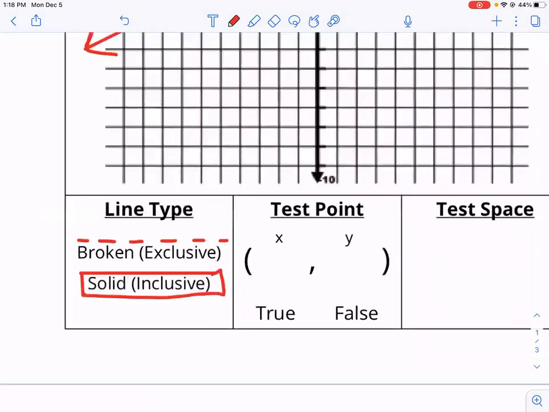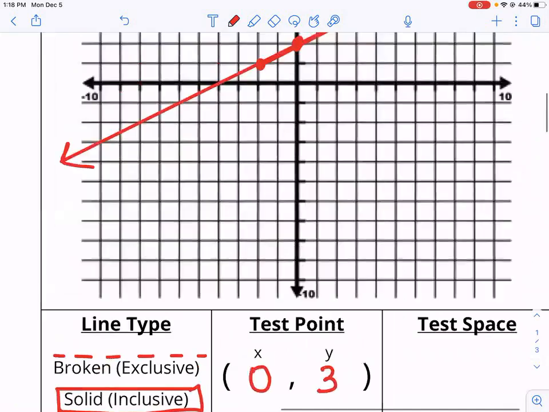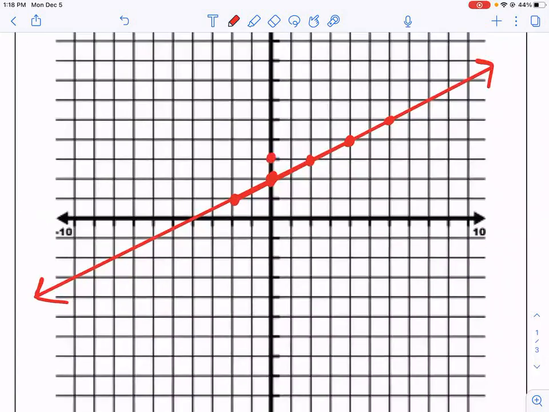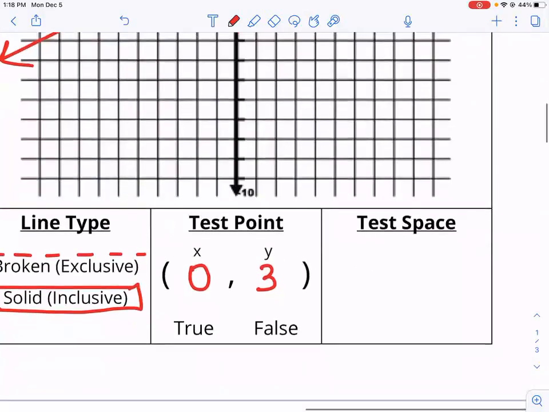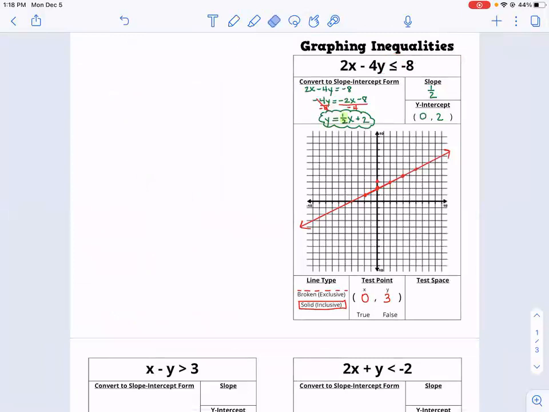Okay, 0, 3. Here is 0, 3 right here. It is not on the line. Now we're gonna test it. This is where the inequality comes in. We're gonna come all the way back up to here.